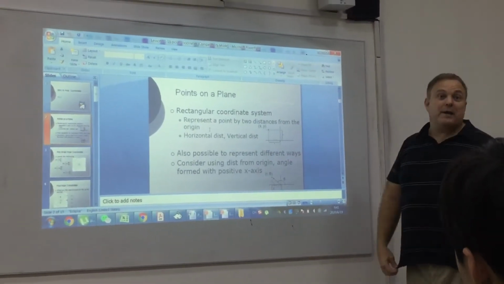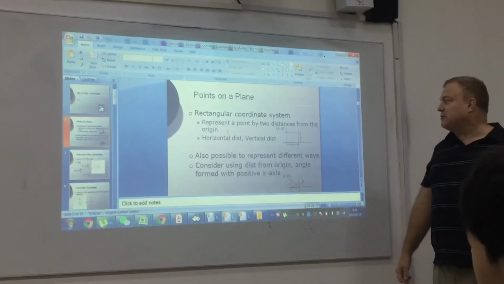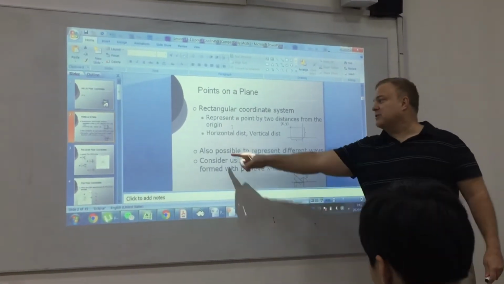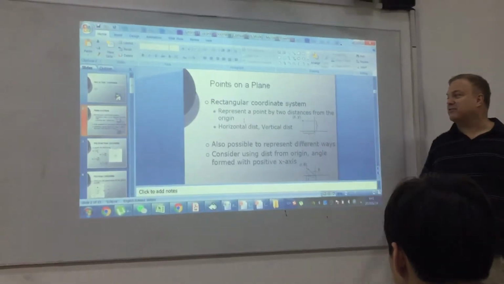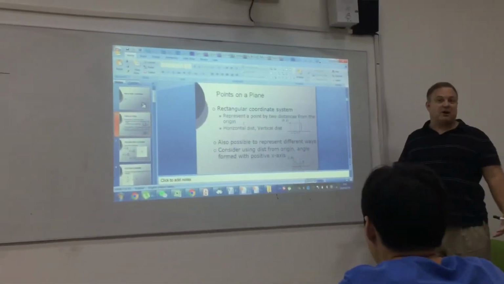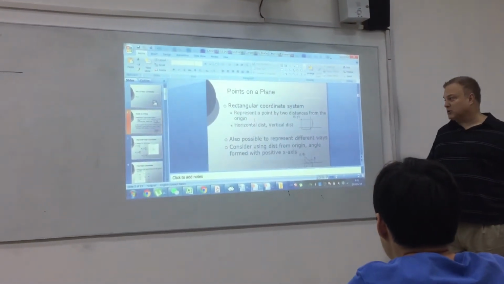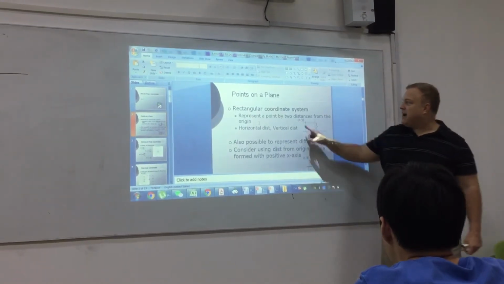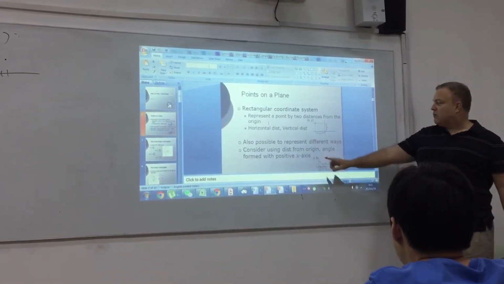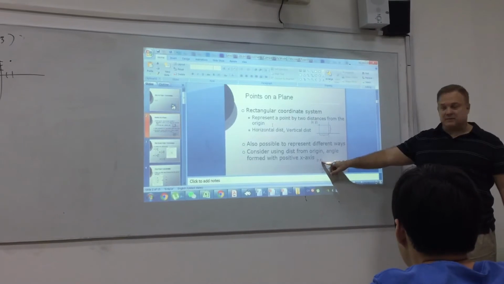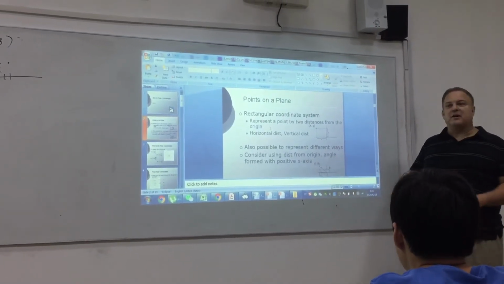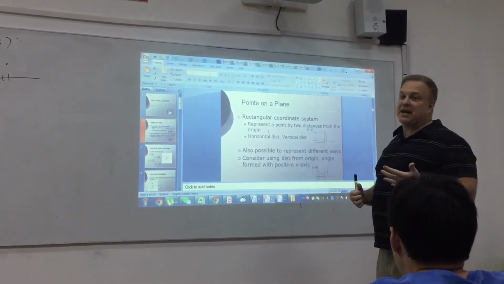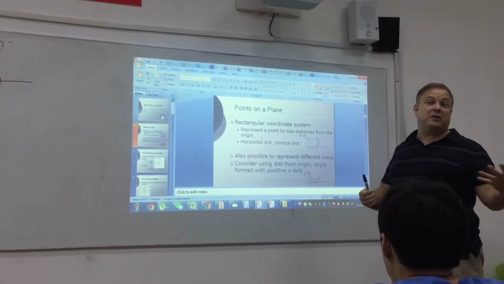Well, that's just one type of coordinate system. It's not the only type. It's also possible to represent points in different ways, and the one we're going to talk about, of course, is using polar coordinates. So instead of having an x and a y, we're going to have an r and a theta. This r and theta are basically the same as the r and theta that you had for complex numbers.